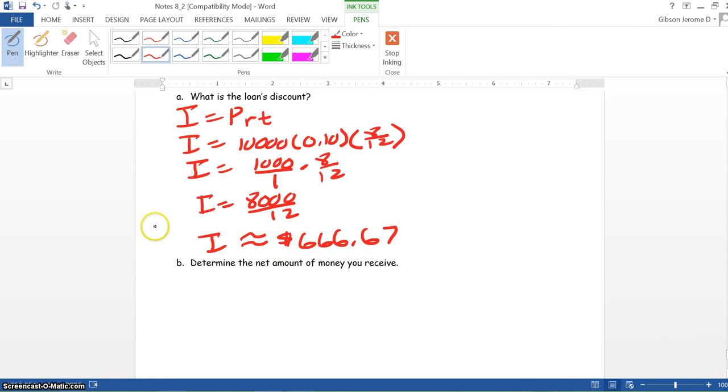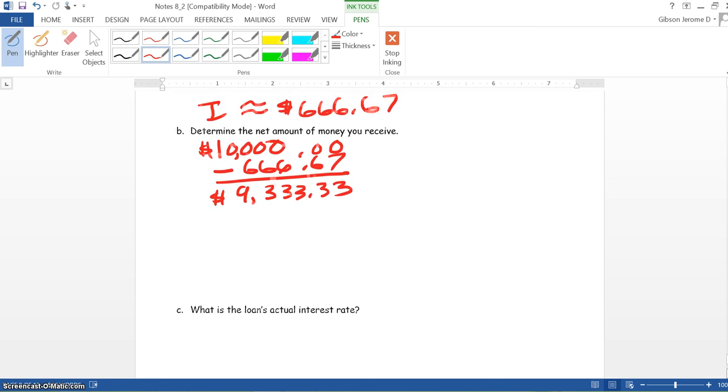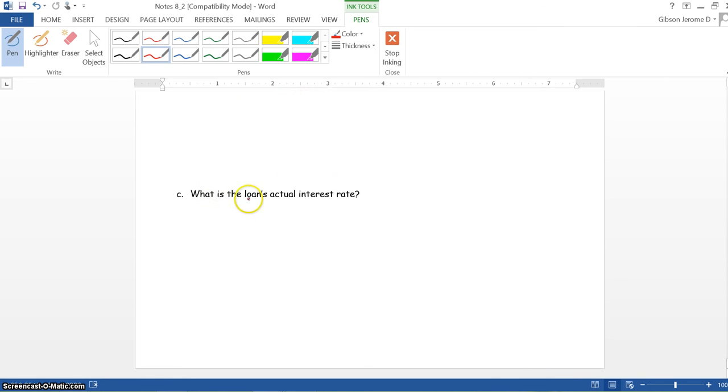So to determine how much money you're actually going to receive, you would take the initial amount that was borrowed minus the discount. Now when we subtract this, this will give us $9,333.33. Now that would be the final answer here for B. Now it says, what is the loan's actual interest rate?